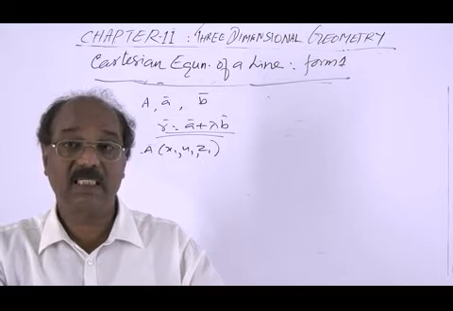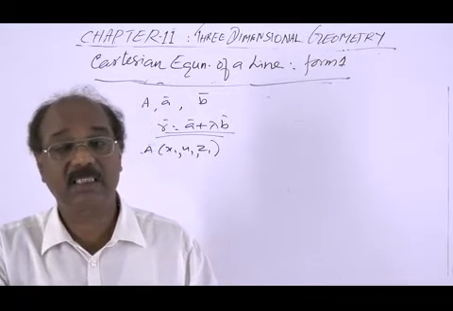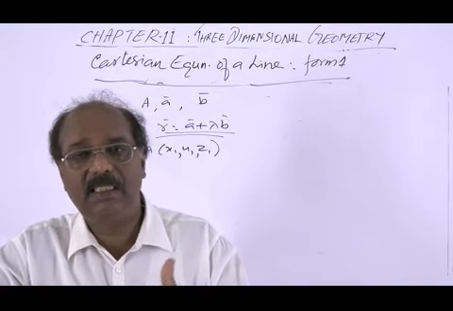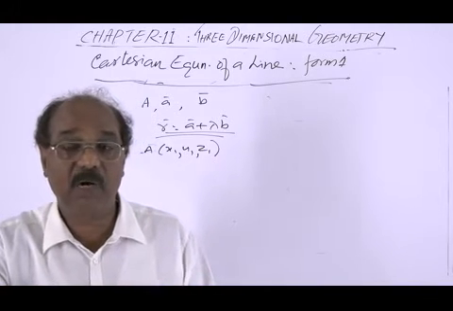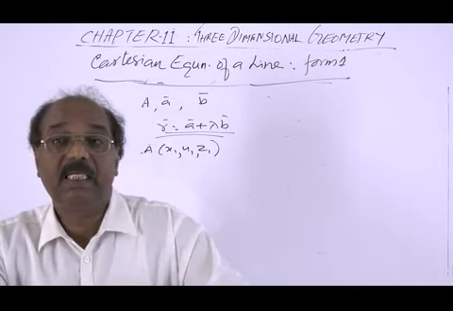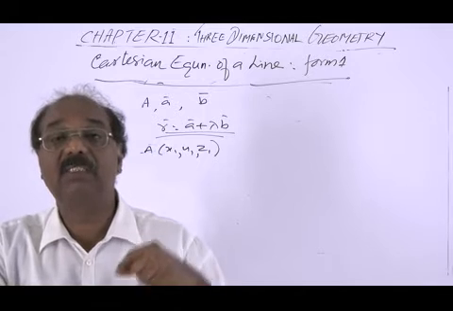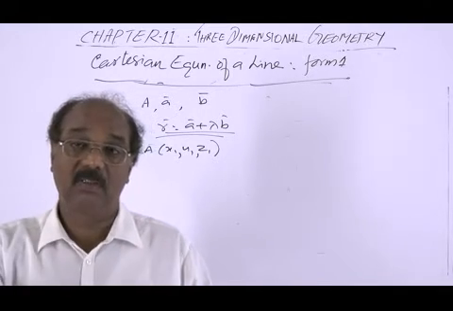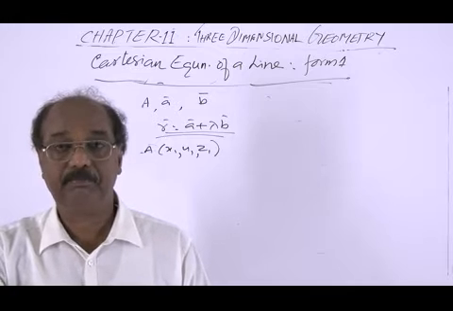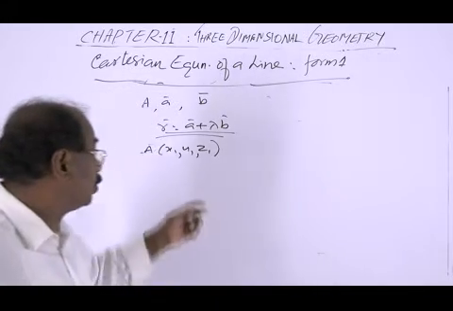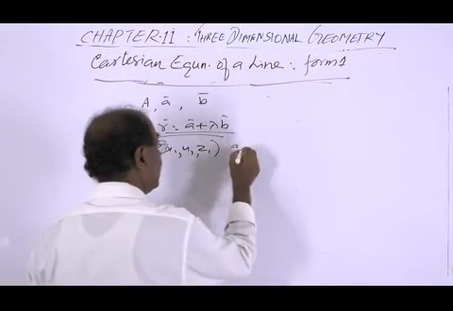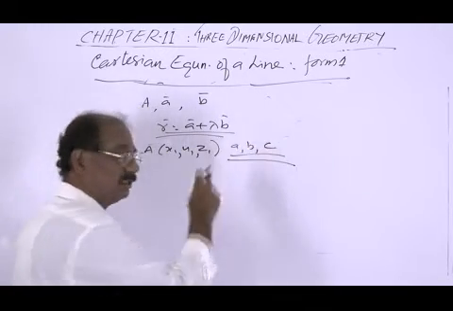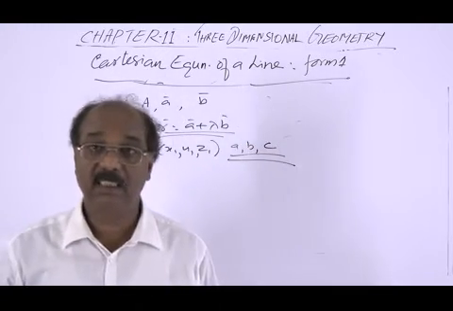If we have direction ratios, we can immediately obtain the direction cosines also. Therefore, usually we take the vector in Cartesian form as the line with direction ratios in a given form. So suppose the direction ratios of b are a, b and c.